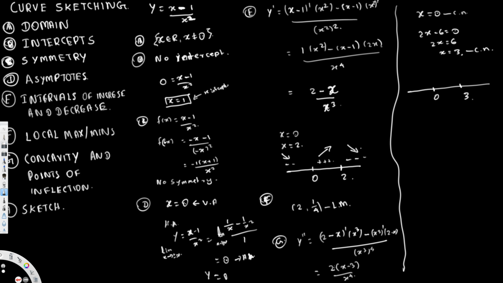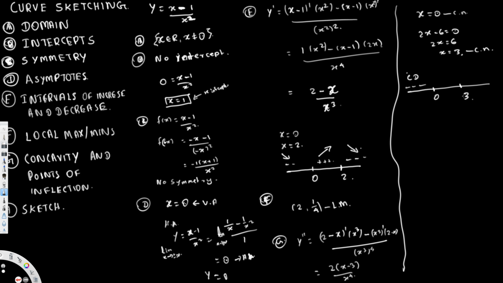Negative 4 times 2 is a negative value, divided by x to the power 4. We have an even power, and if you raise a negative number to an even power, it's going to give you a positive number. So we are dividing a negative number by a positive number. That's going to give us a negative value. Therefore this is concave down. So we can say CD, concave down.